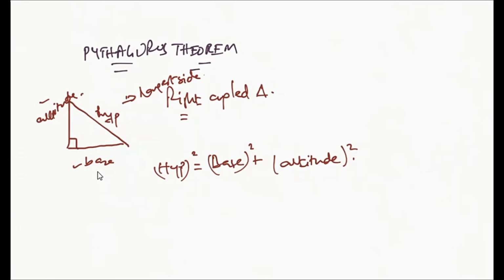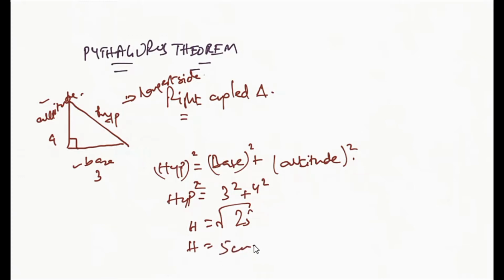For example, I am taking a general case and everyone should learn this as well, right? Like for example, for the hypotenuse, you have to find this square. This is equivalent to 3 square plus 4 square. It becomes 25. Then we take a root to find the hypotenuse, and the hypotenuse becomes 5 centimeters.